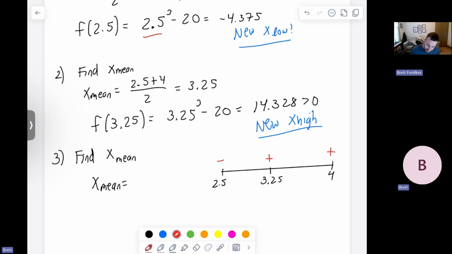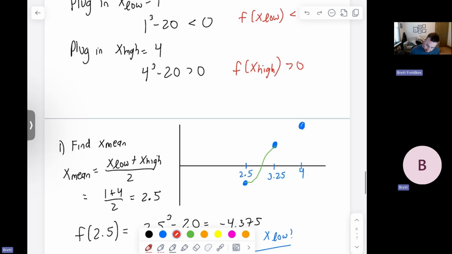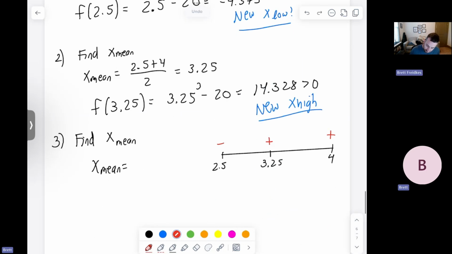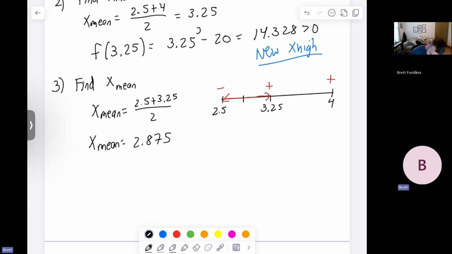Again, when we plugged in 2.5, we got negative. When we did 4, we got positive, and 3.25 was positive. That means that this is our new window now. Our x mean is going to be 2.5 plus 3.25 divided by 2. That x mean now is going to be 2.875 right there.